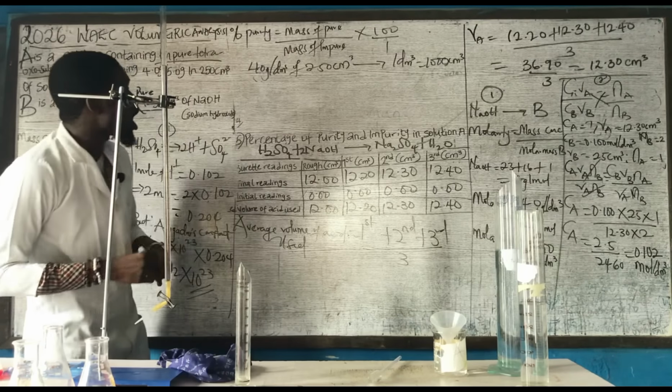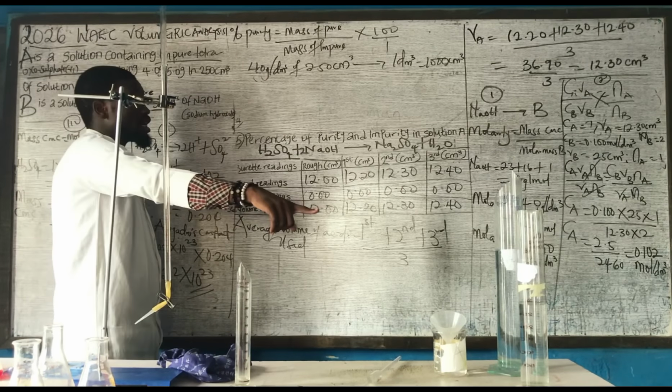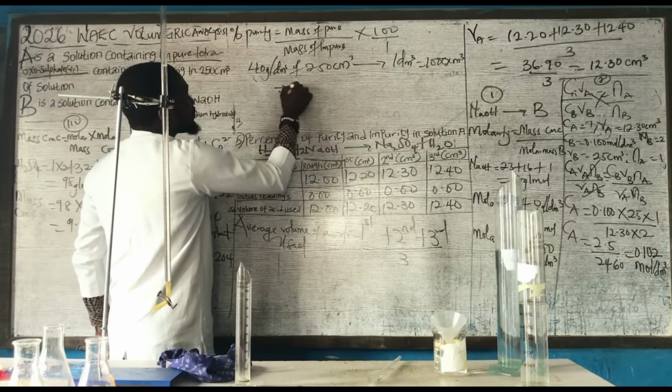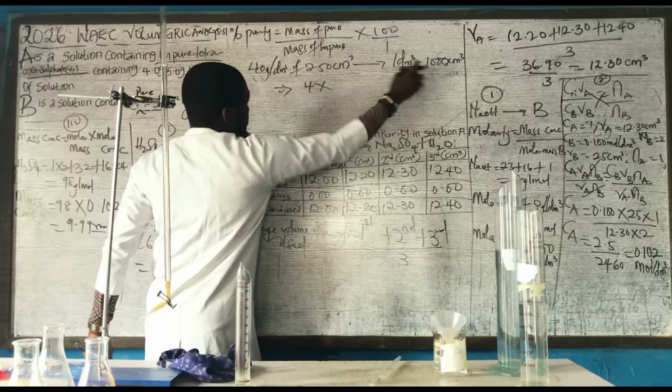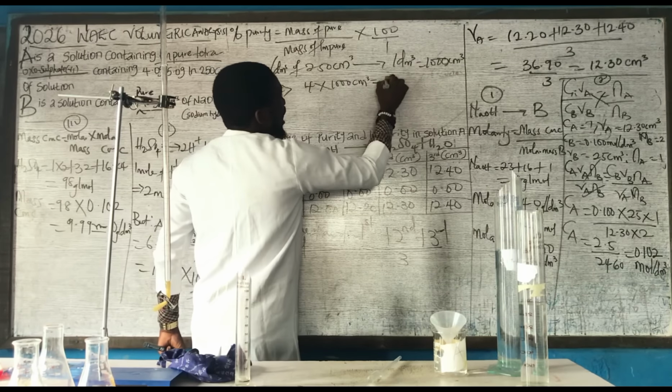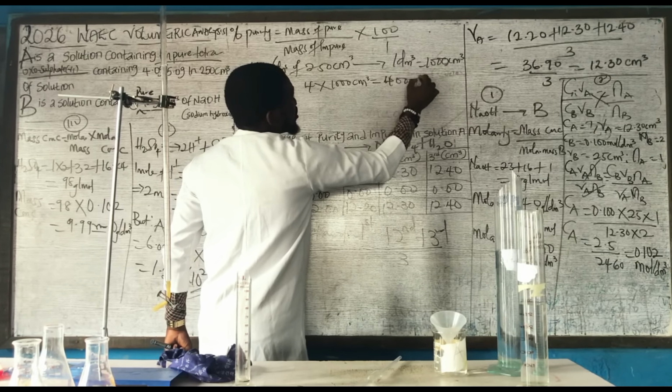For us to dissolve the base in that, as earlier on in the video I dropped, you have 4 multiplied by 1000 cm cube. That will give us 4000 cm cube.